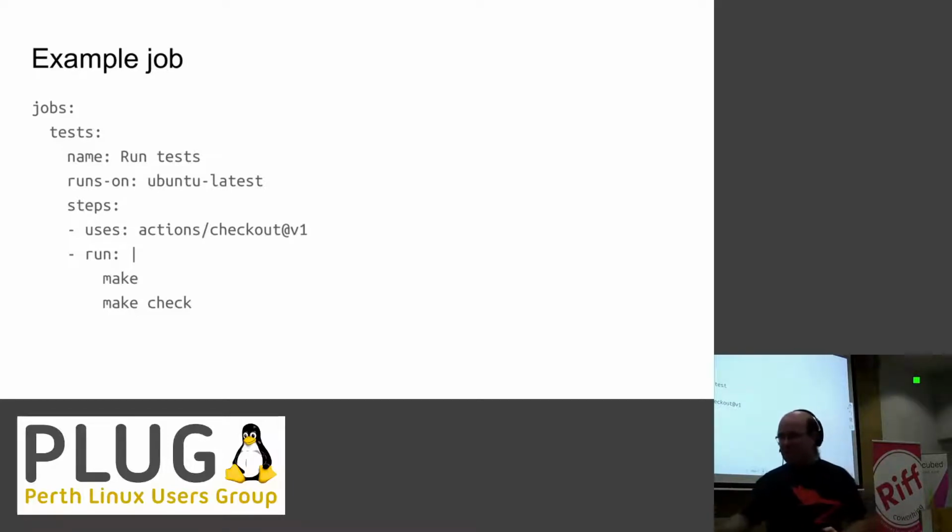The important features: you've got the ID of the job, which here I've set to tests. Then runs-on: I'm picking what particular virtual machine image we want to use. Here I picked ubuntu-latest, which I think at the moment is sitting on Ubuntu 18.04, but it'll probably be switched to 20.04 at some point. The 20.04 image is available, but it's not yet picked as the default.